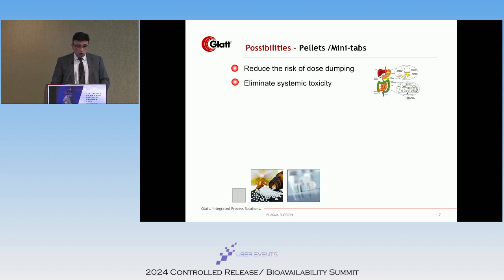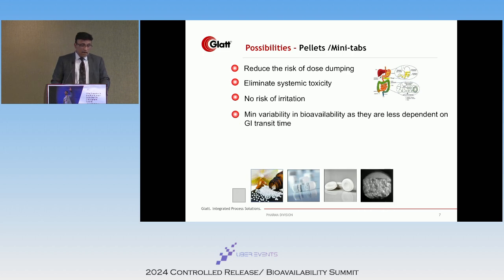There is no dose dumping there. That eliminates the systemic toxicity, as I was talking about, since they are uniformly distributed. No effect of local irritation, that's for sure. And minimum variability in bioavailability, as they are less dependent on the GI transit.